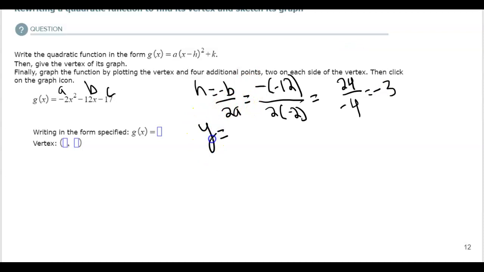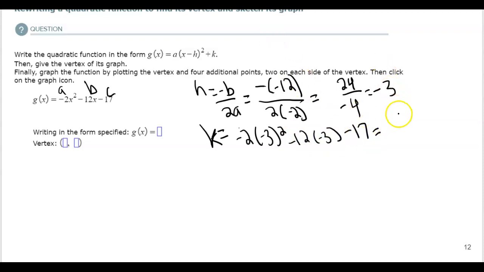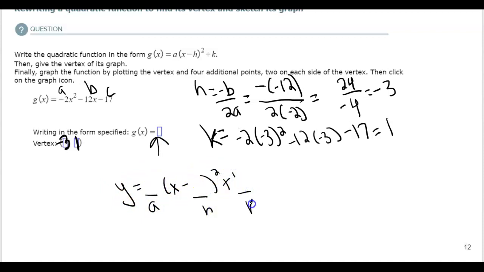Then we have y equals, and we'd plug that in, or this is technically k, which is our y value of our vertex. So our vertex is negative 3 comma 1, and we'd have y equals a(x minus h) squared plus k.